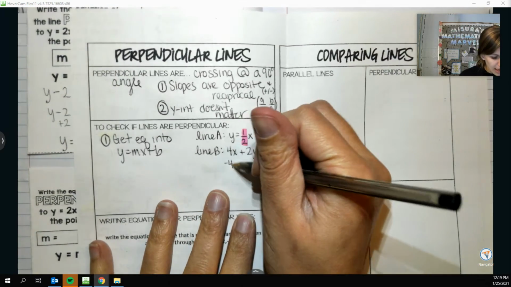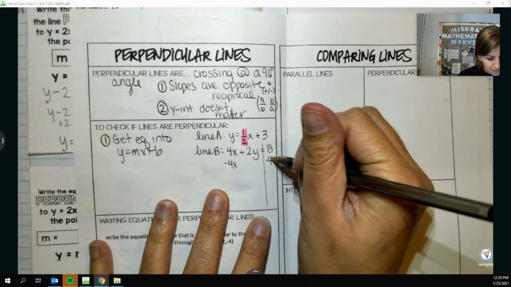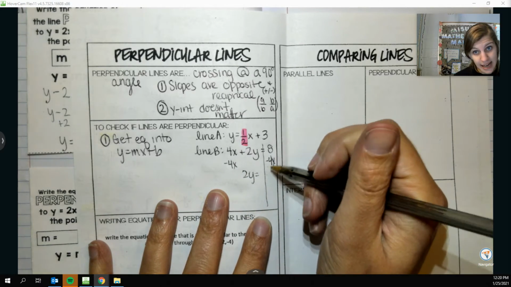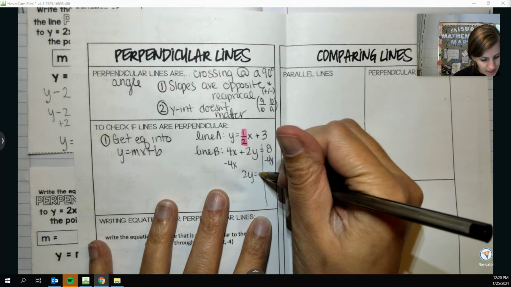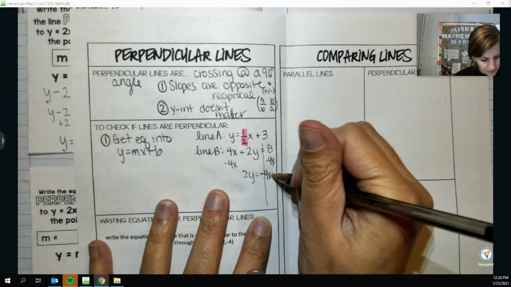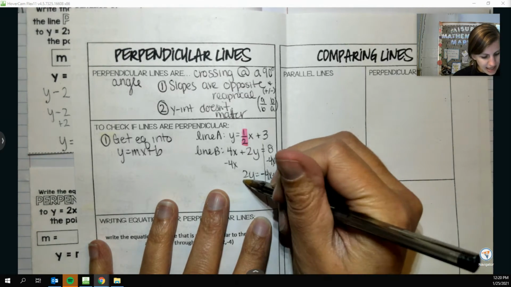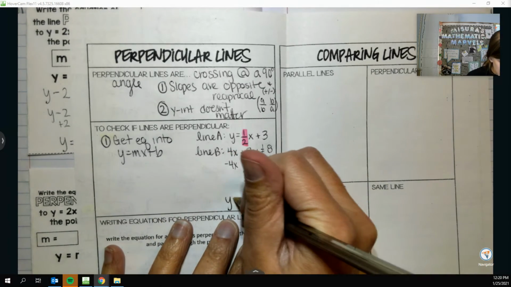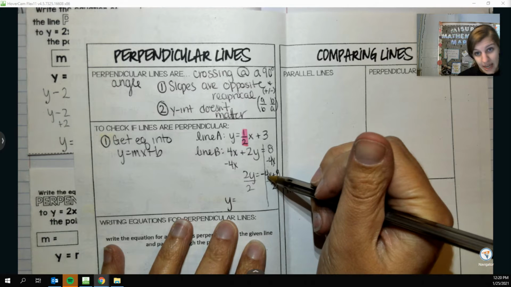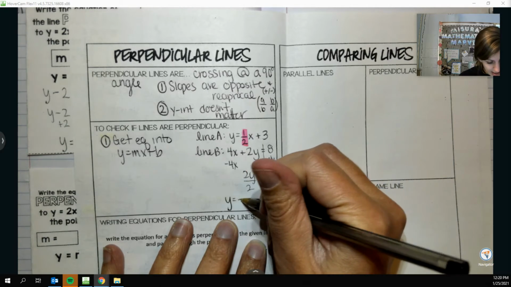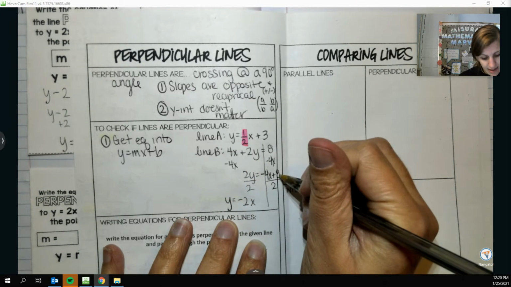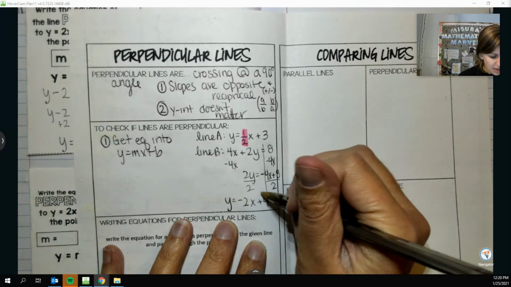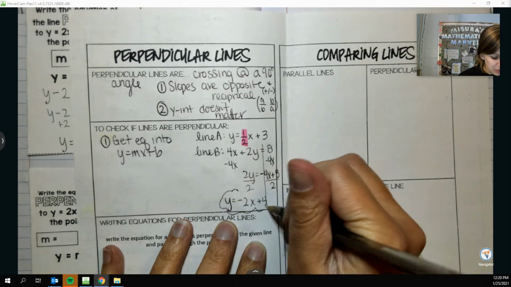We'll subtract the 4x from both sides, and so I'll have 2y equals, and I can't combine those, so I'm just going to put them in order, negative 4x plus 8. And then divide everybody by 2. So we'll have y equals, now negative 4 divided by 2 is negative 2x, and then 8 divided by 2 is 4. And now we're in y equals mx plus b.